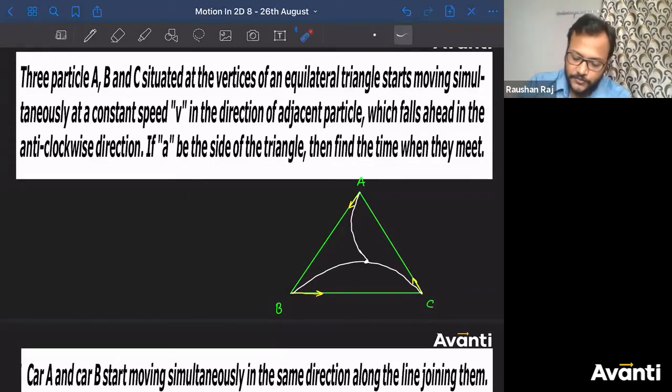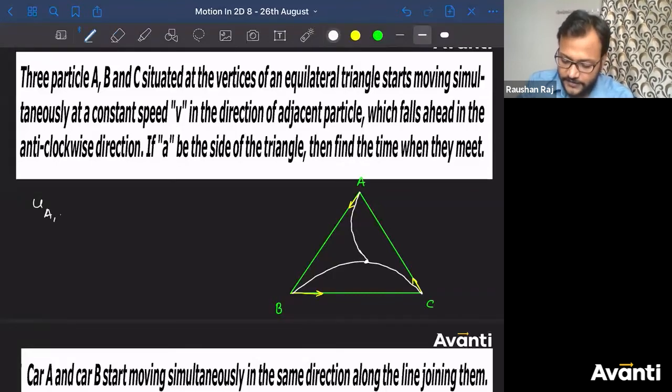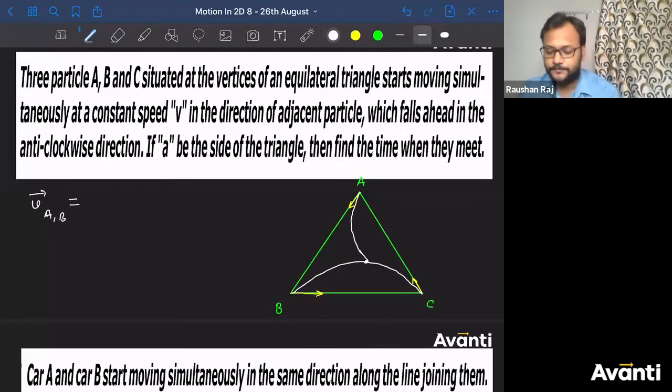Now, if I talk about the A and B pair, tell me guys, what is the initial velocity of A with respect to B? Since this is non-accelerated motion, I can write this as velocity v only.